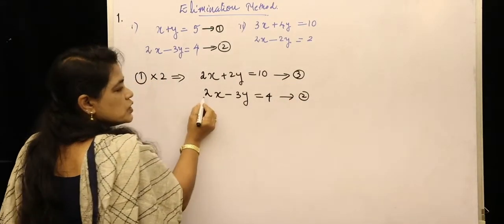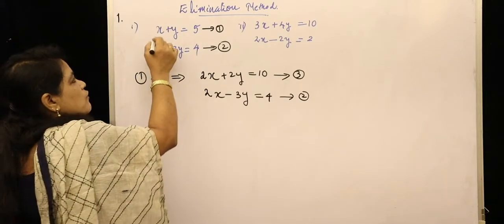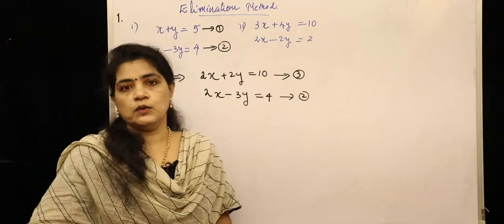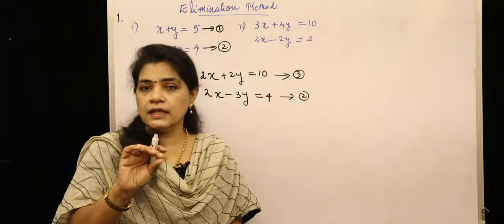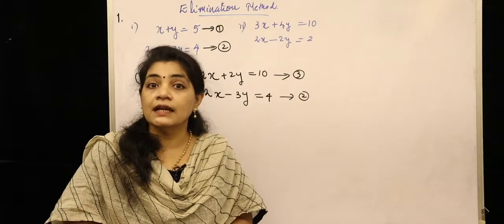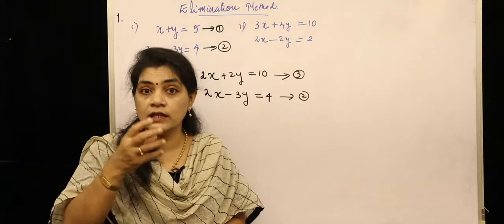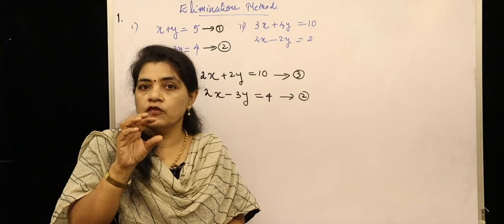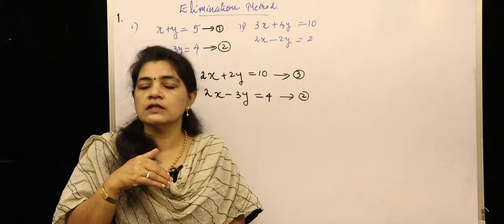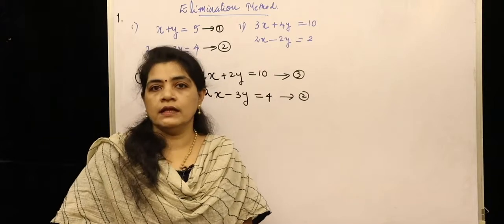We are not making any change to the second equation, and from the first equation multiplied with 2 we got the third equation. Now next comes a very important step. How can we eliminate that x term, that is 2x, 2x? We now have the same coefficient of x in both equations. How can we eliminate?